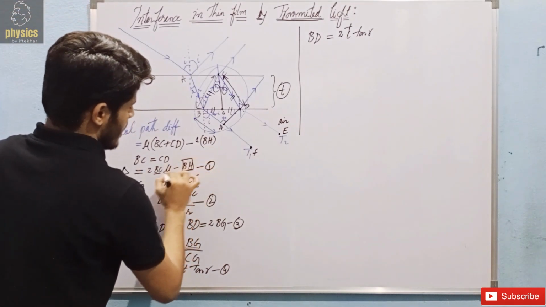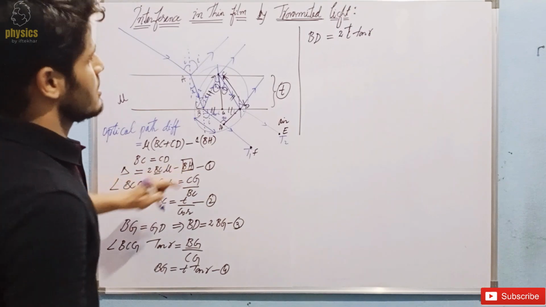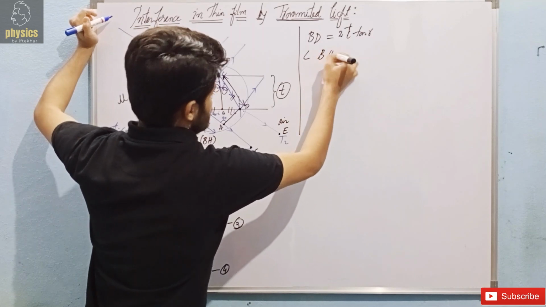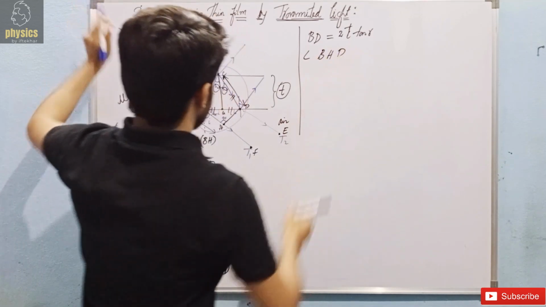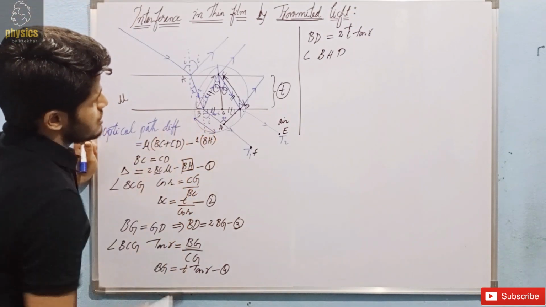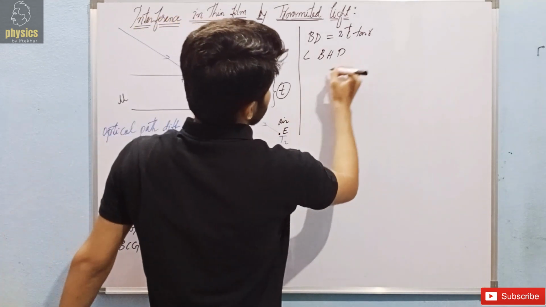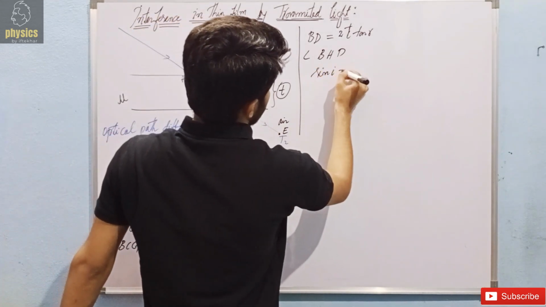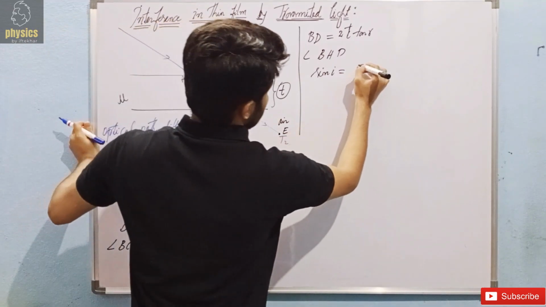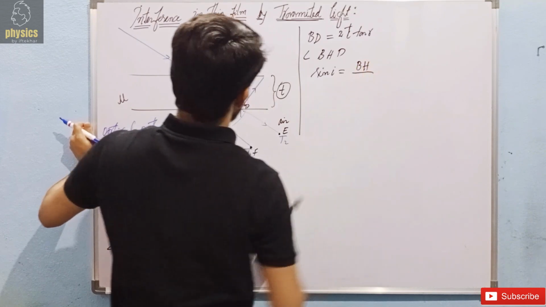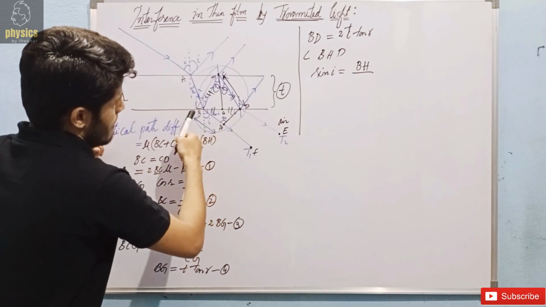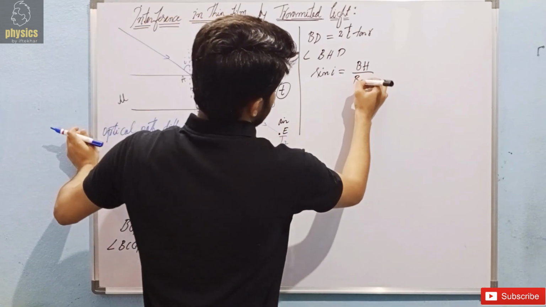Now we will find out the distance BH. From triangle BHD we can find out the distance BH. So from this triangle, sine I is equal to opposite, BH, divided by hypotenuse. The hypotenuse is BD.